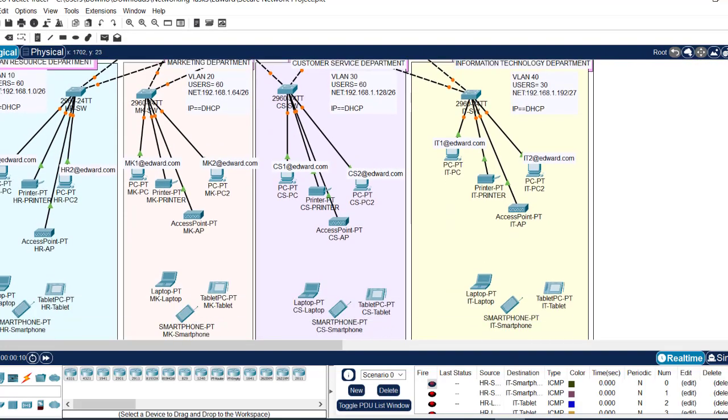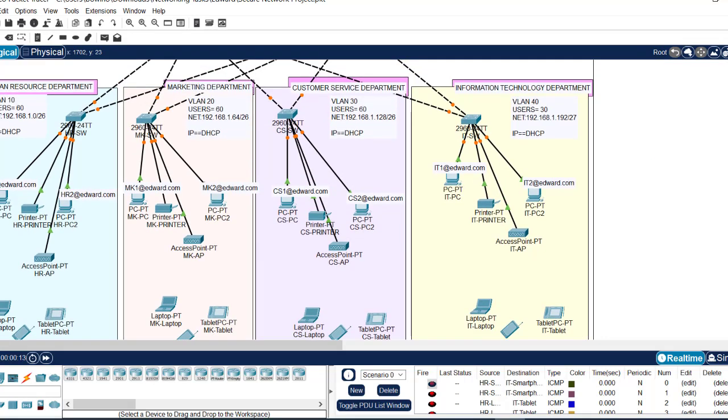So this is one of the networks that I've been working on. You can see this is human resource, marketing, customer service, and IT department. You can see a network here as 192.168.1.0/26, here is 192.168.1.64/26. So these networks are in the same network block, although we've carried out what is called subnetting.